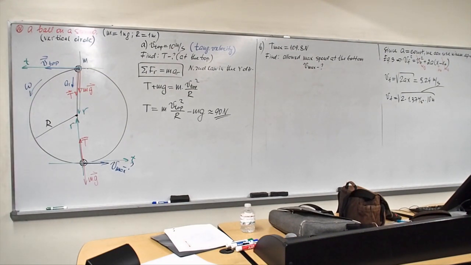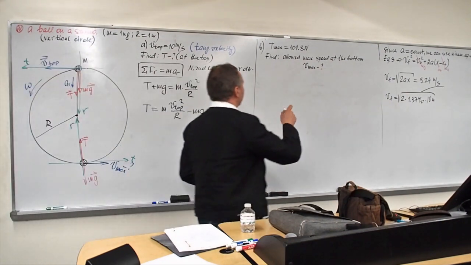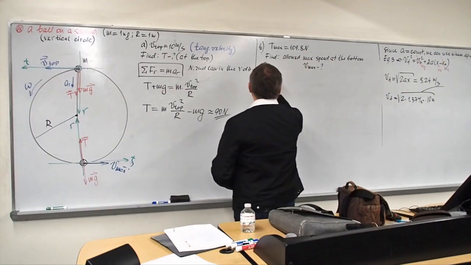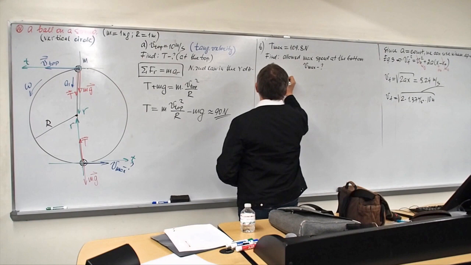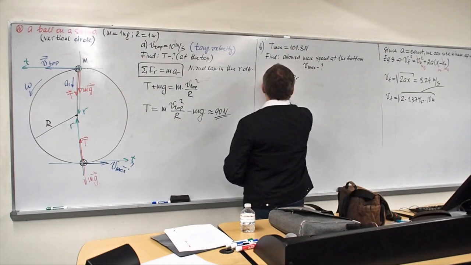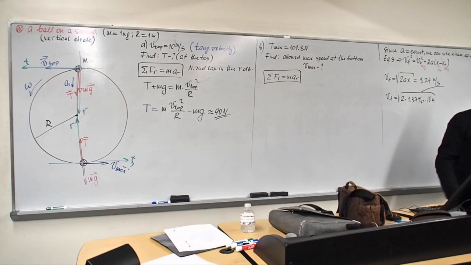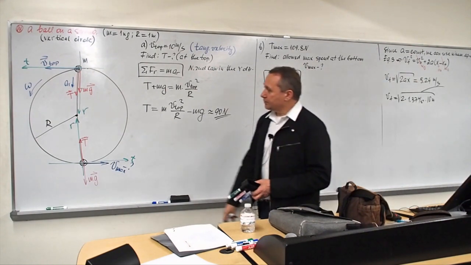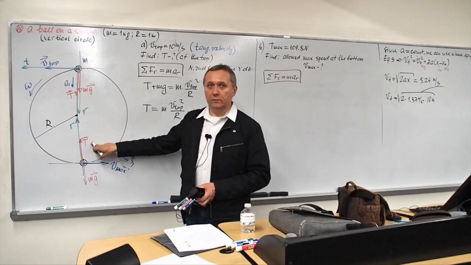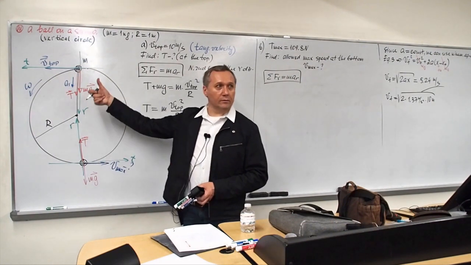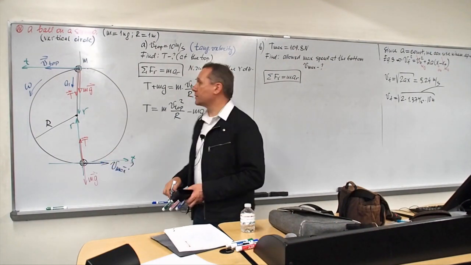And the final piece, final stretch. Again, net force in the radial direction equals mass times centripetal acceleration. Universal law, and let's just apply it for our case. Tension positive, right? Because now R is upward and gravity is negative.